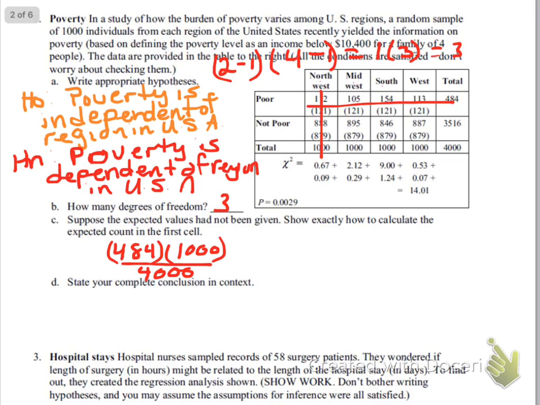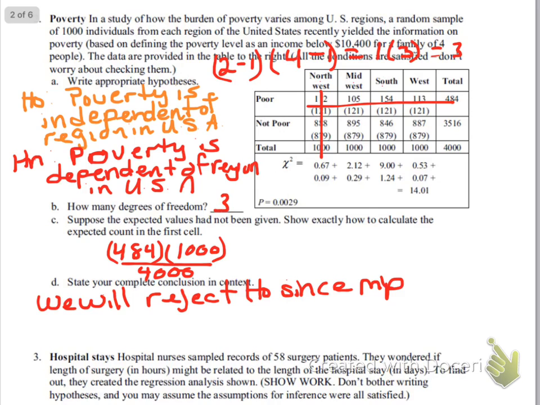Okay. Now it says state your complete conclusion. So what we will do, we will reject H0 since my p-value of 0.0029 is small.